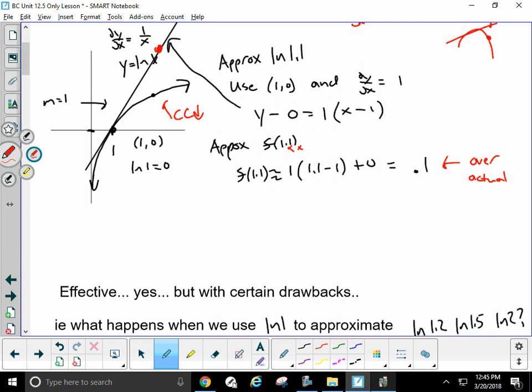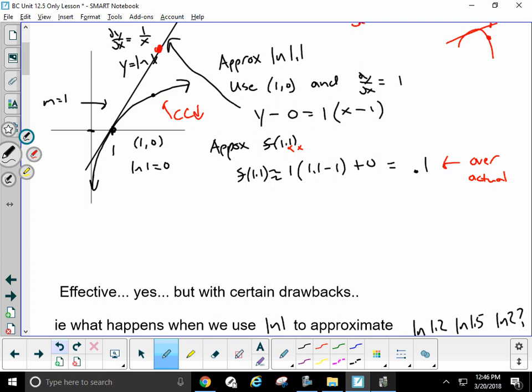So if I had something with a lot of concavity, and let's say it's increasing, but concavity is like that, my tangent line could be way off, even if we are very close, depending on our concavity. Okay, so that's important. If all of a sudden it just comes up and then goes straight down or something, we could be really far off from our actual. So concavity plays a role too.